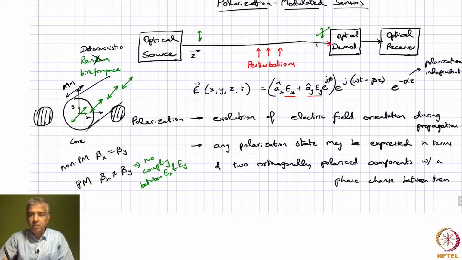But since your optical receiver is not sensitive to polarization changes, you need some sort of a demodulation mechanism to convert any polarization change into change in intensity, which can subsequently be picked up by the optical receiver.